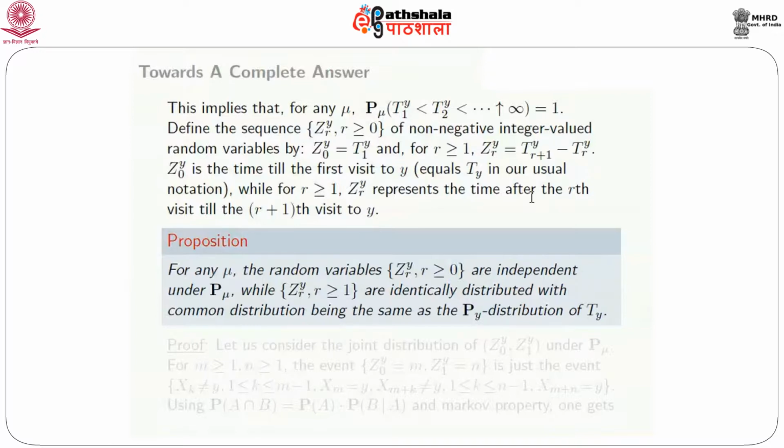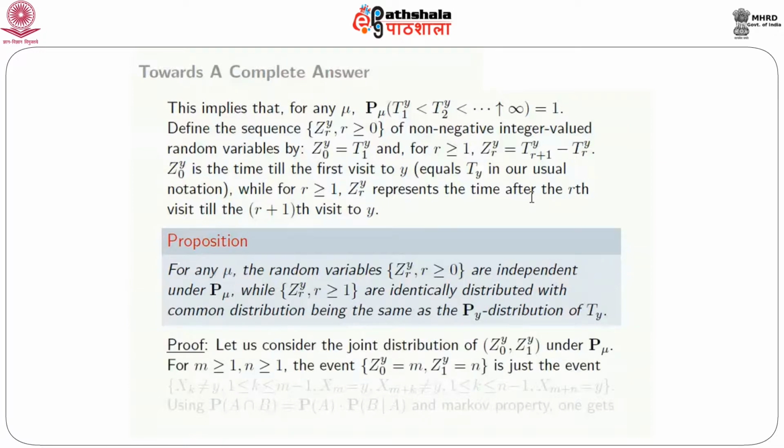And in particular, if you look at the Z_r^y's for r equal to 1, 2 onwards, they are moreover identically distributed, and the common distribution is the same as the Py distribution of T^y, that is the same as the distribution of T^y conditioned on the Markov chain starting at y. So this is very, very important and will be very useful. So here's a proof.